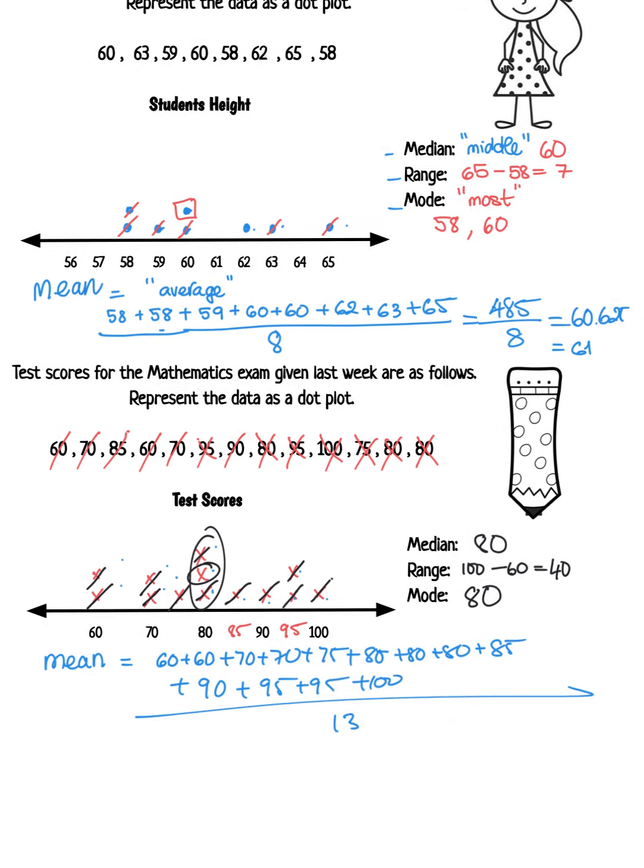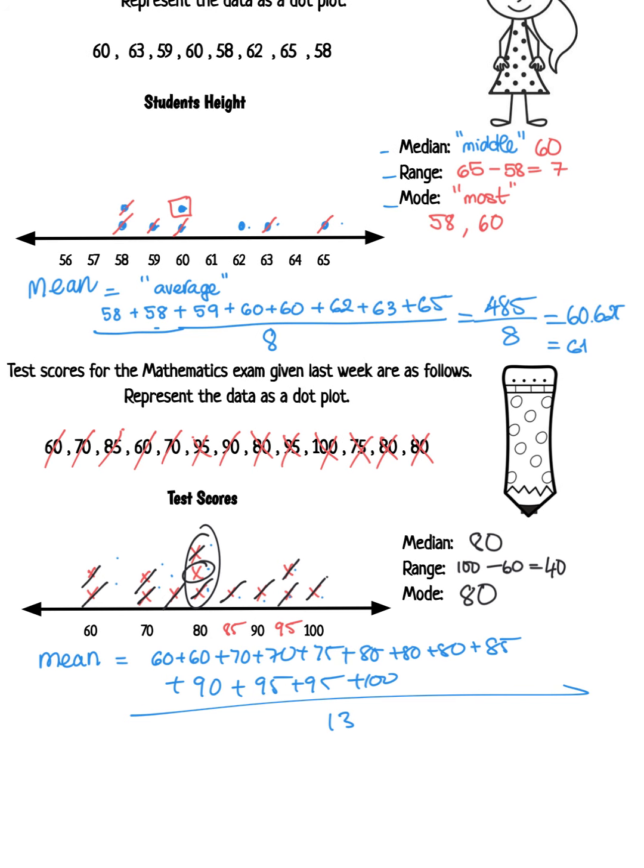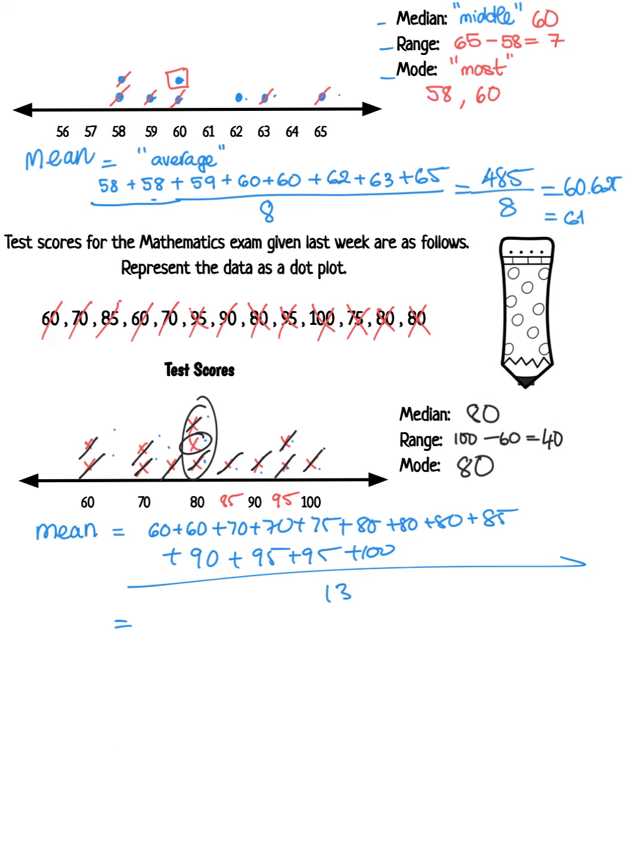You can use a calculator to add and divide by 13. After I add them up, I have 1040, and I divide it by 13. I get 80 for my average, my mean.